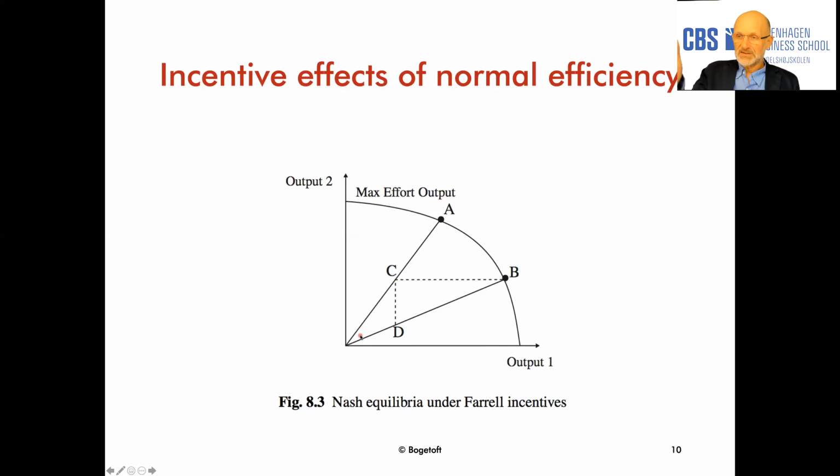So you can see from this small illustration that if you only reward people for their normal Farrell efficiency, then you'll end up in a situation where nobody really does anything. And actually, in one of my earlier papers on this, I showed that the only Nash equilibrium you can sustain with usual Farrell efficiencies is an equilibrium where everyone is providing the least effort.